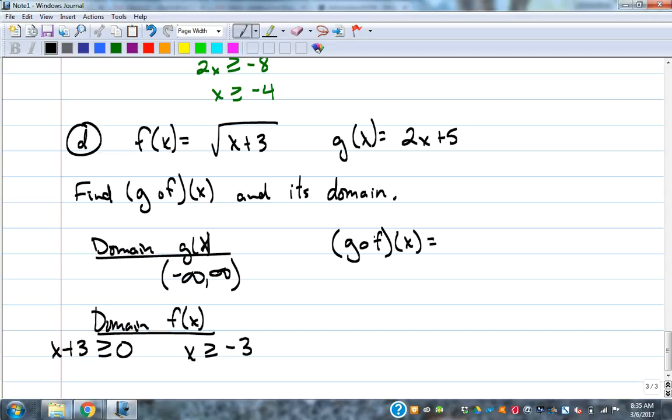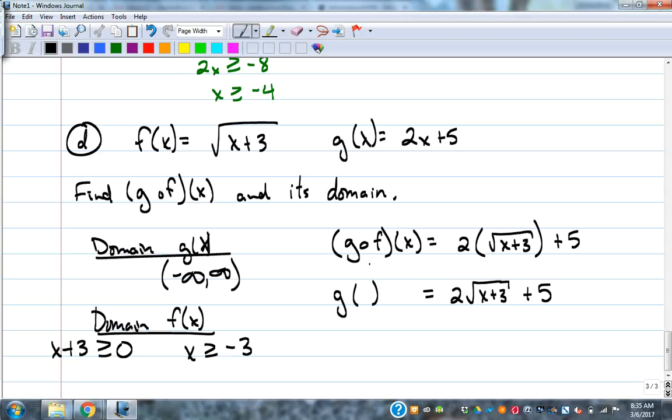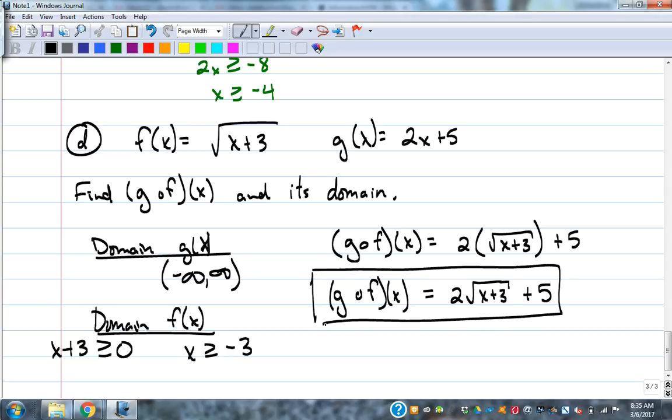So we're taking f of x and placing it into g of x. 2 parentheses radical x plus 3, plus 5. Not really anything you can do to that. There's our composite function. You're always looking to find a composite, if it asks for it, yes.